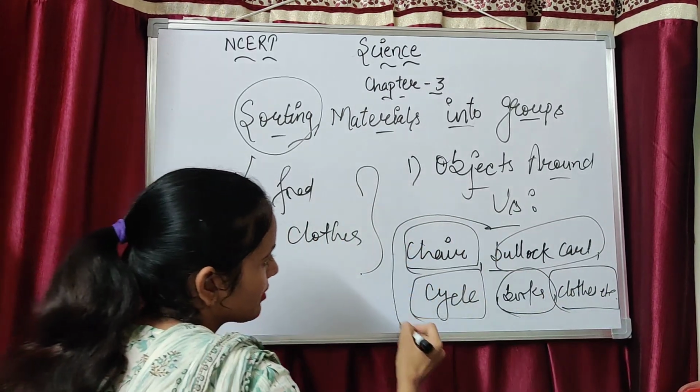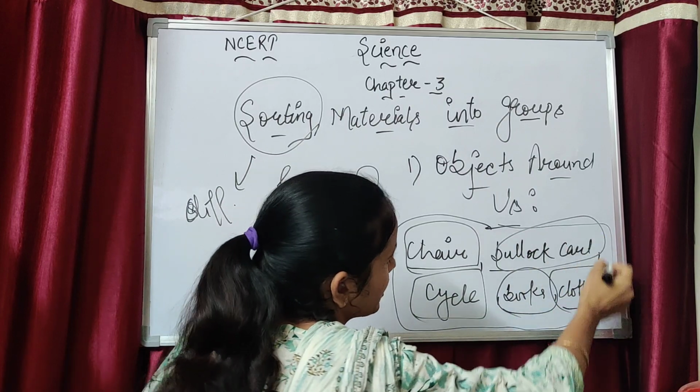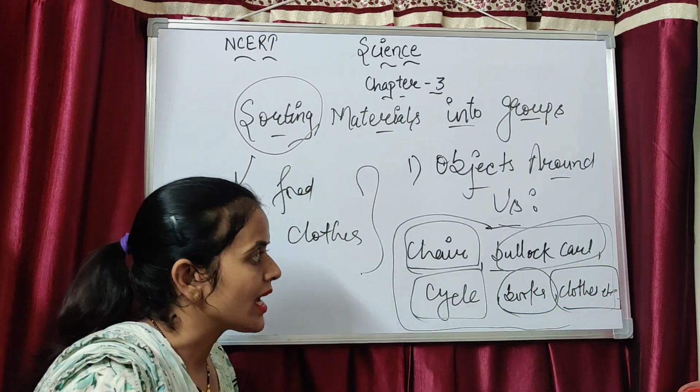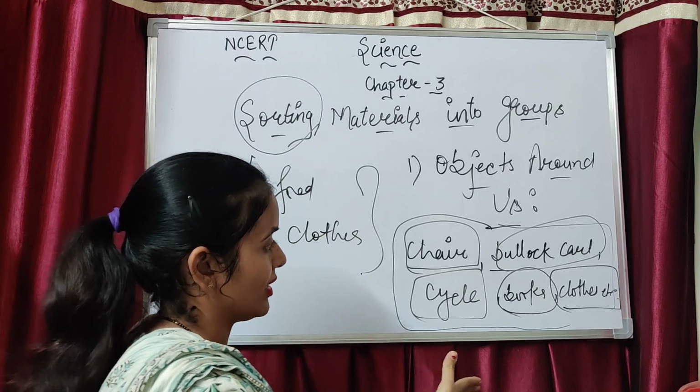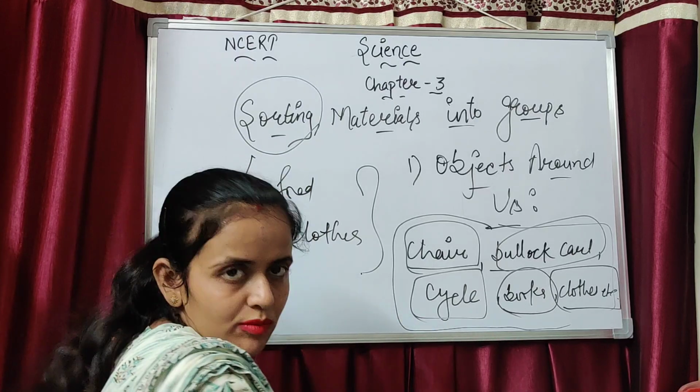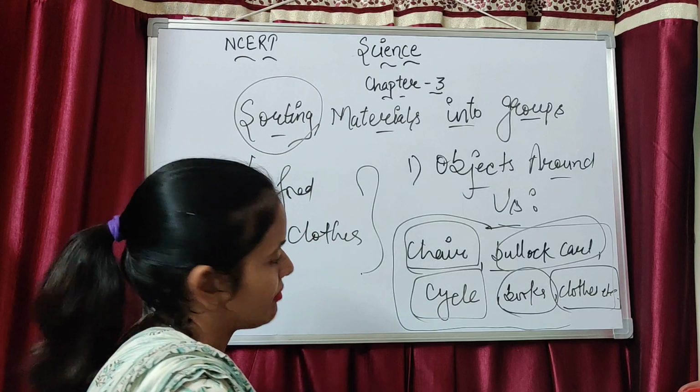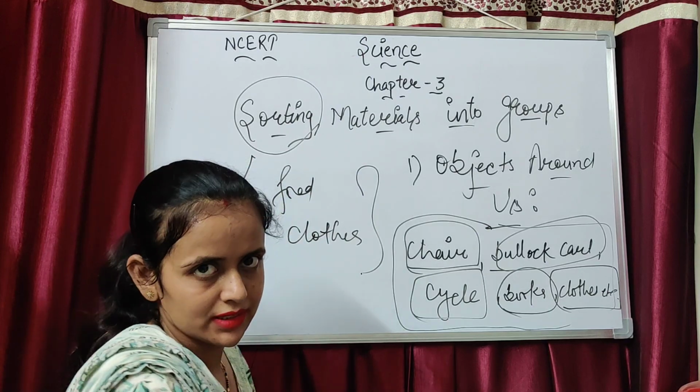So different materials and different things are produced. Different items are made up of different materials, having different identities. Okay.